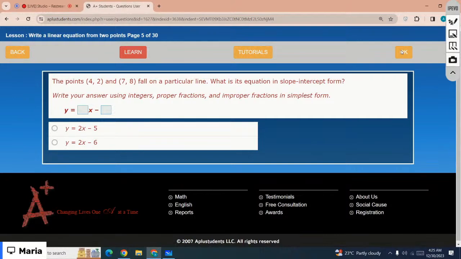The points (4, 2) and (7, 8) fall on a particular line. What is its equation in slope intercept form? So which is the correct option?